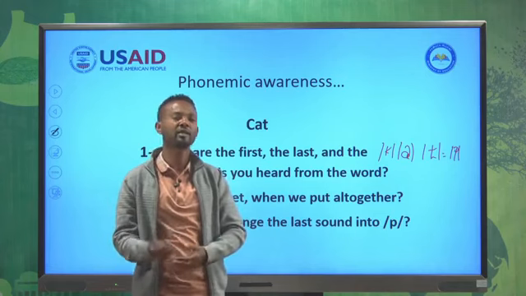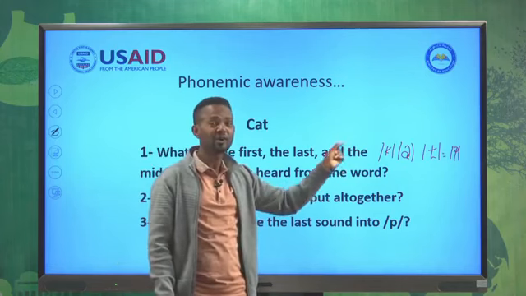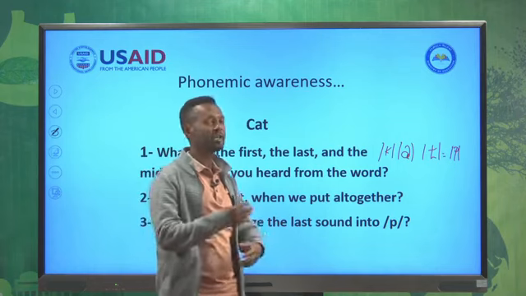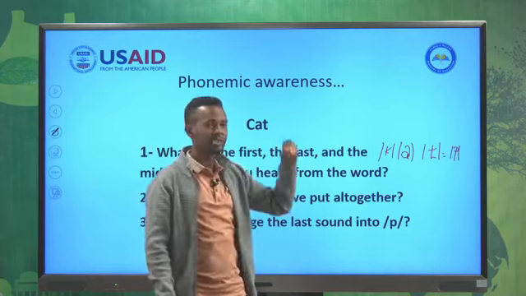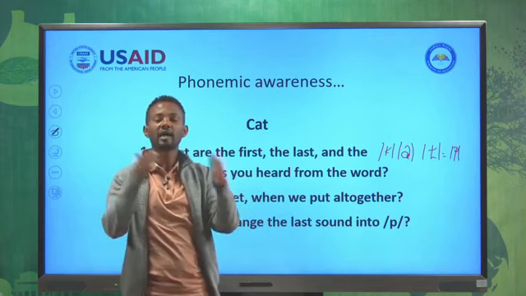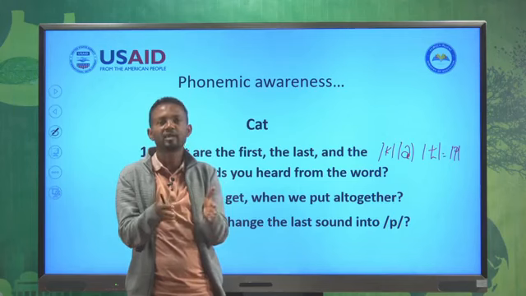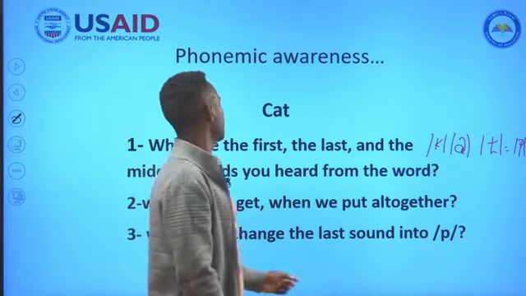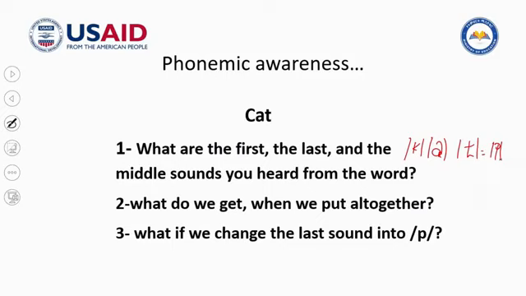We are trying to identify the sounds from the letters. We are trying to point out the sounds from the word. And we are trying to bring them together in the way they could make words. This is what phonemic awareness means.